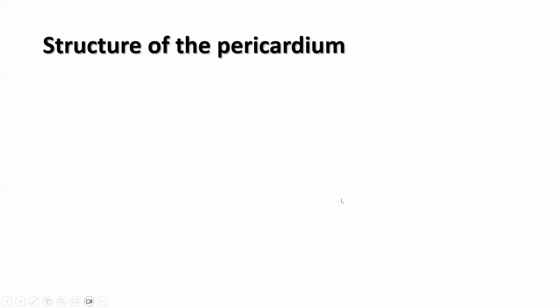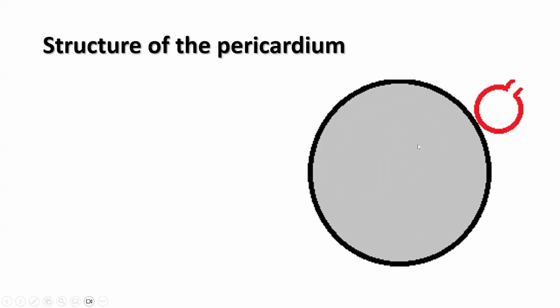Now, what is the structure of the pericardium? Let us explain from the developmental aspect. Suppose this is a serous membrane and inside the serous membrane there is a cavity. It is a cavity containing serous fluid. Suppose this is the pericardial cavity containing pericardial fluid.